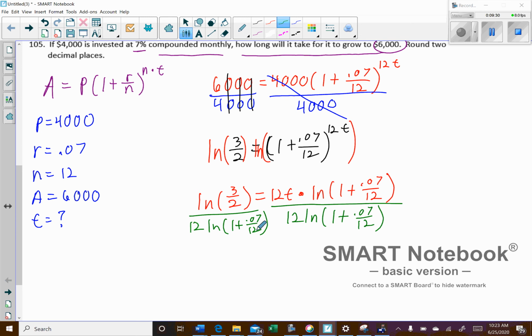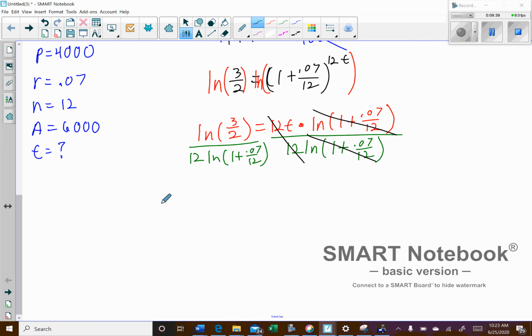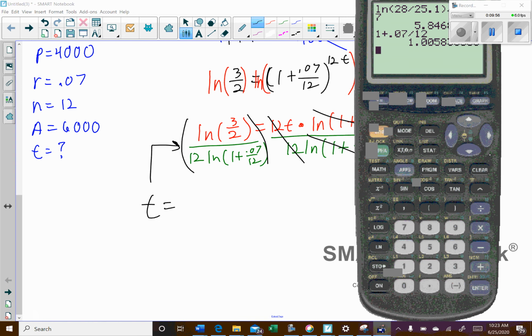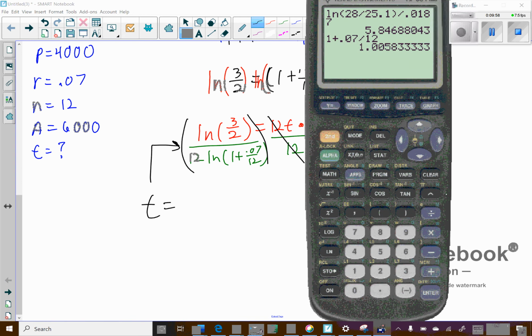The 12 cancels out, the natural logs cancel out, so now I've isolated t. So t is equal to this right here, but I have to figure out how to put this in the calculator, because if you don't put it in just right, it's going to come back incorrect. I'm going to put in natural log of 3 halves.